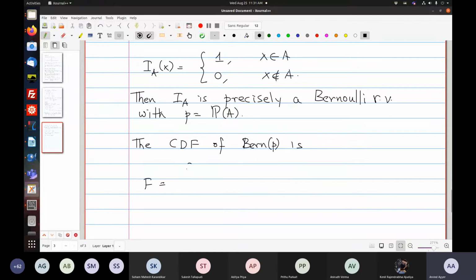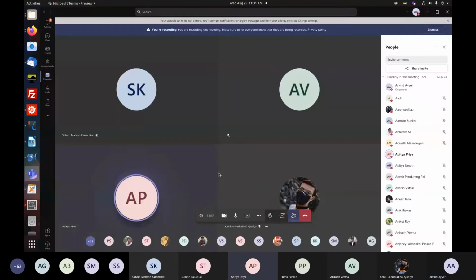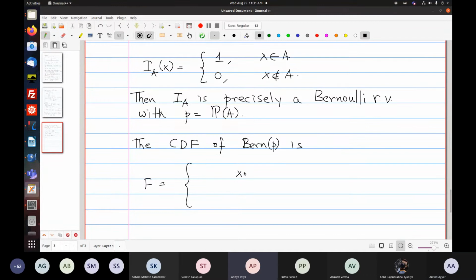So I want you to tell me. If x is less than 0, then the value will be 0. Correct. If x is between 0 and 1, then the value will be 1 minus p. Correct.